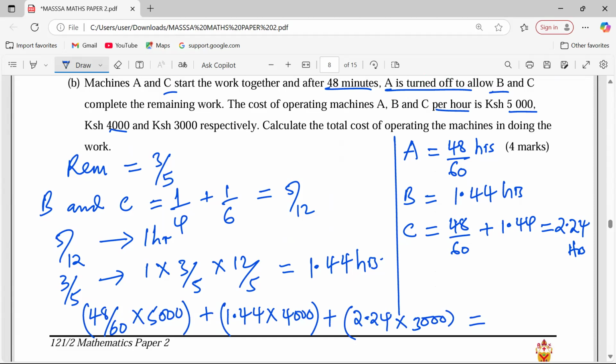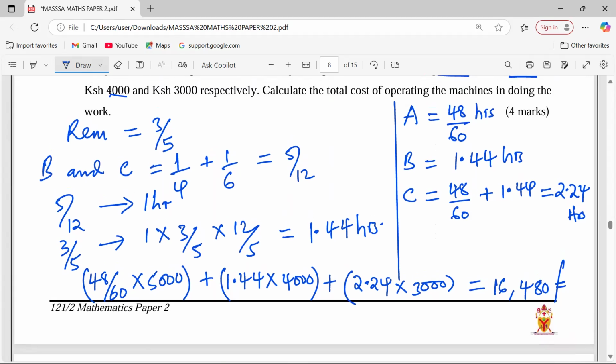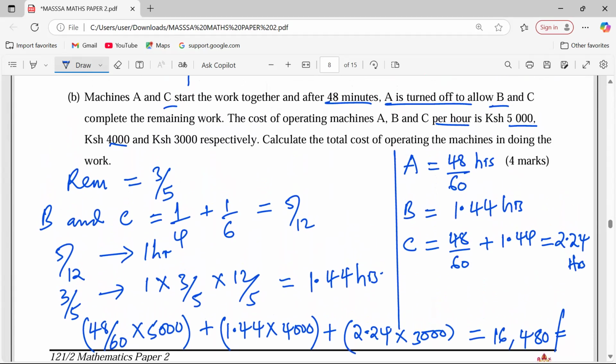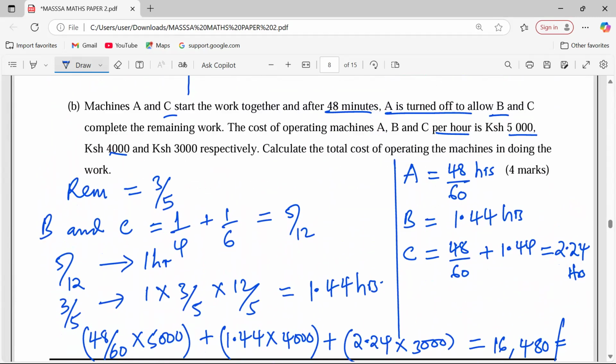Now this is giving me 16,480 Kenya shillings. So that is the total cost of doing work in this particular day. A very good question for this matter.